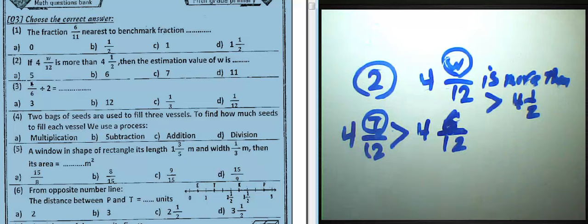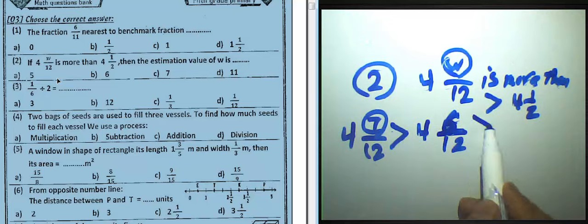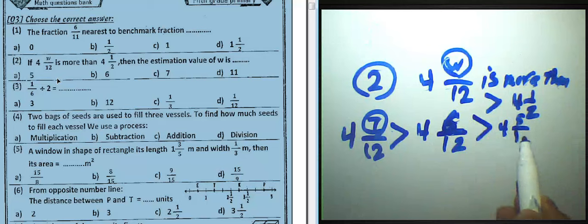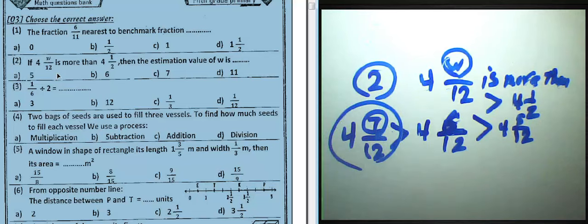Don't write 5, because 5 is less than 5 over 12. Look here: 4 and 5 over 12 is less than 4 and 6 over 12. But he asked in this example, it's more than. So we must write 7 in the numerator. W will equal 7.